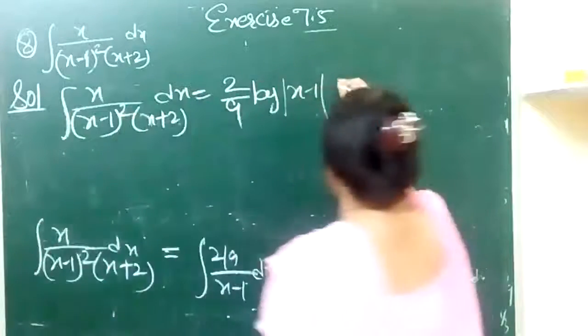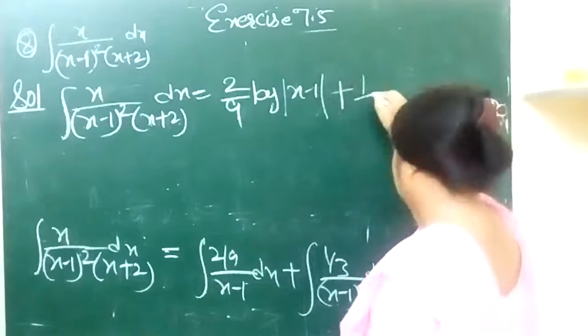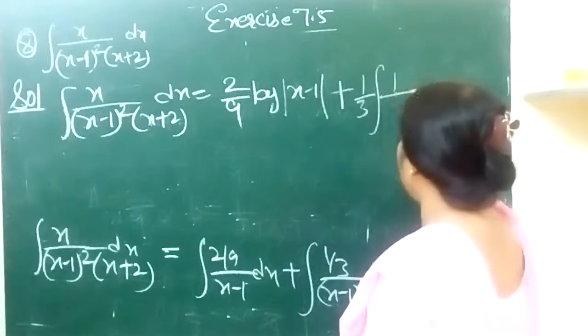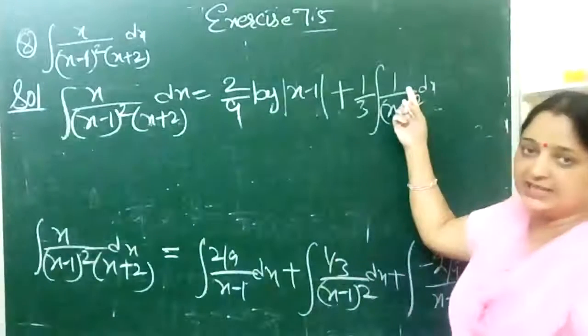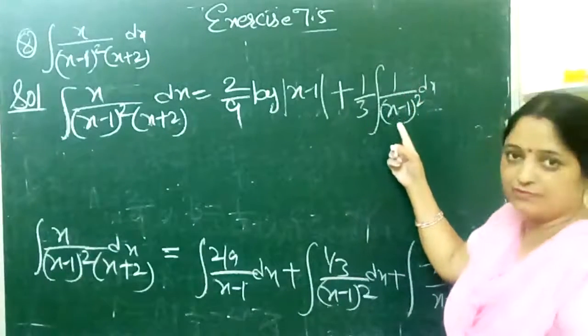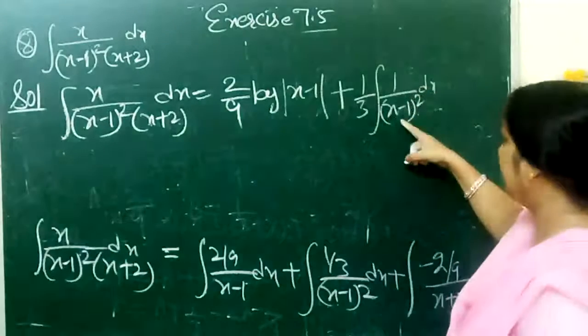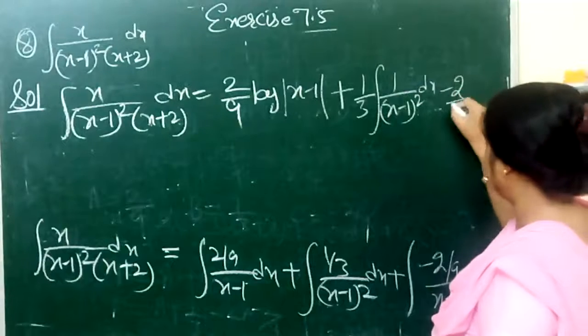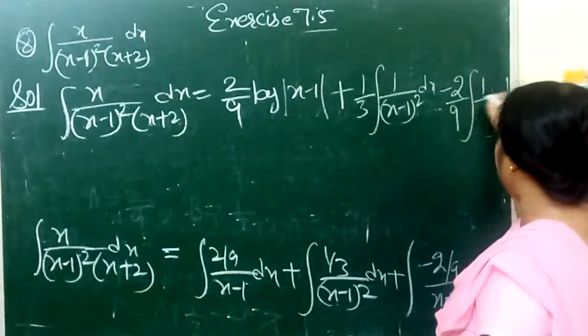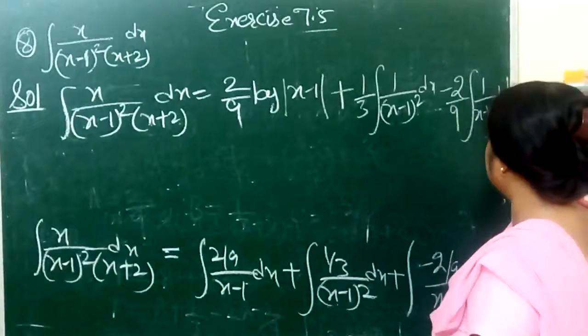Similarly 1 by 3 is outside the integration, so it will come 1 upon x minus 1 whole square dx. We can't write it in the form of f dash upon f of x, because here it is 1 upon x minus 1 whole square. After that, minus 2 by 9 is outside, then 1 upon x plus 2 dx.